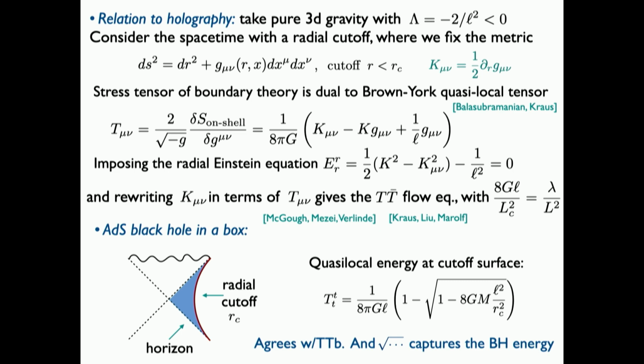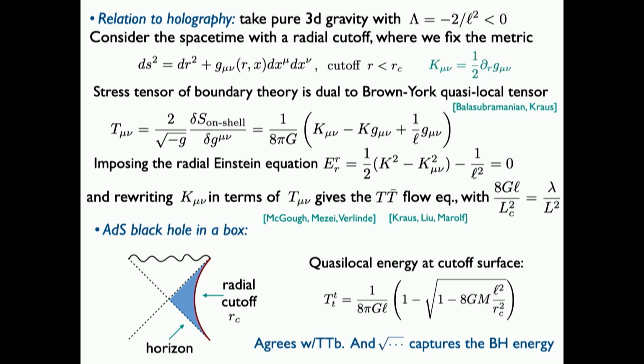Okay. Then an important point of AdS/CFT is that the stress tensor of the boundary theory is related to the quasi-local Brown-York stress tensor that one can compute in the bulk. And this quasi-local Brown-York stress tensor is directly determined by the extrinsic curvature via this formula that I'm showing here. Okay. So now the relation with TTbar is clear.